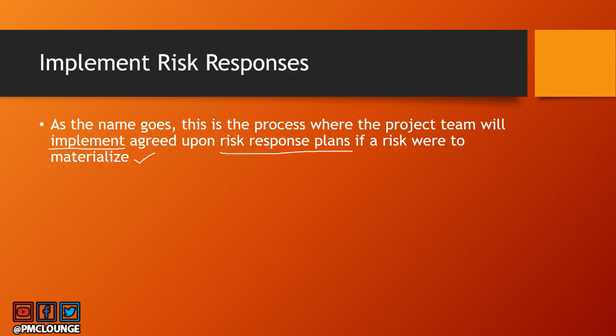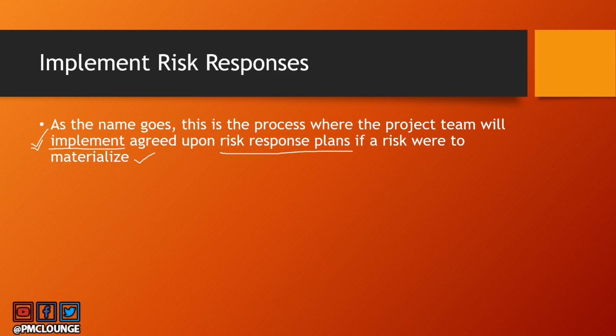You have documented all the risks after analyzing them. You've also come up with the response strategy for all the risks, right? If a risk materializes, what will be your response? All of that has already been done. As part of this process, all that you're doing is implementing the already agreed upon risk response plans.